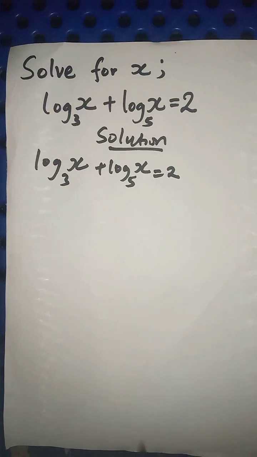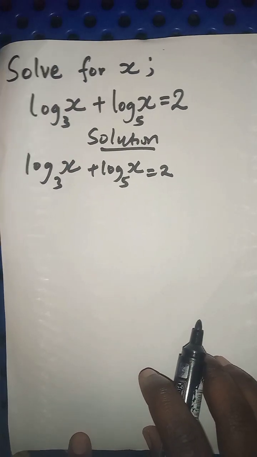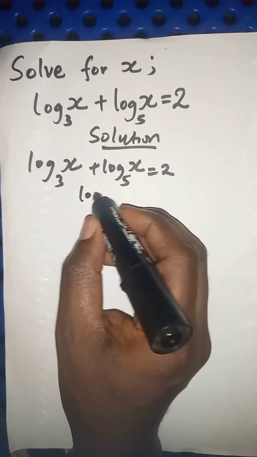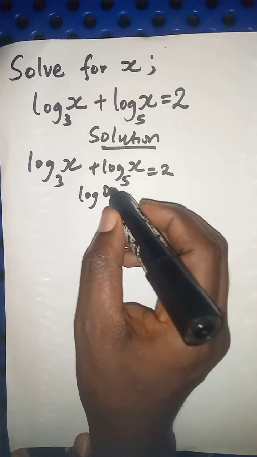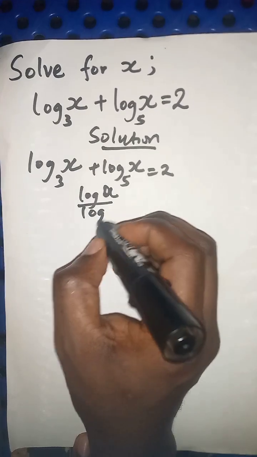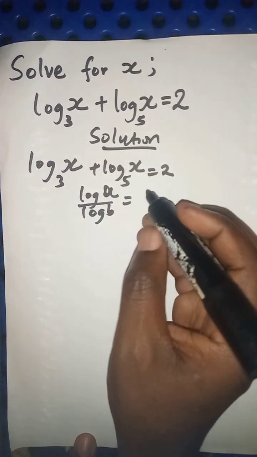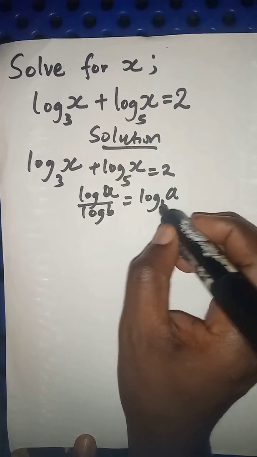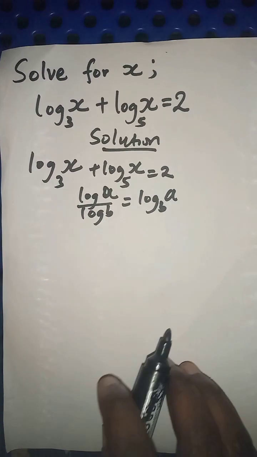So the first step that I'm going to take, I'm going to use the relationship of the log of a divided by the log of b. This can be separated as the log of a to the base of b.